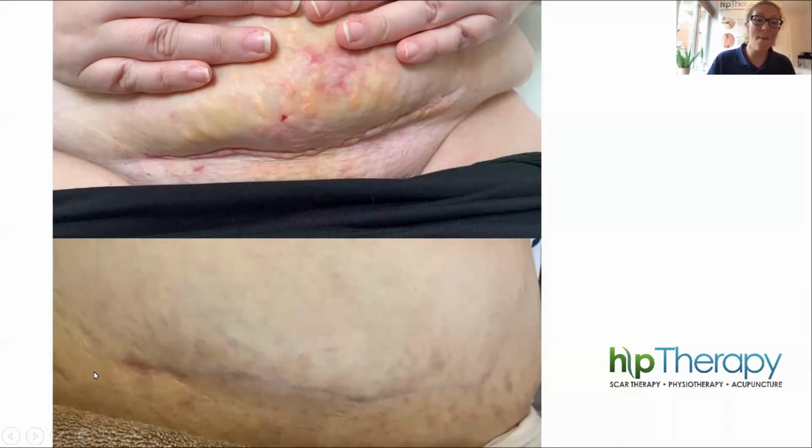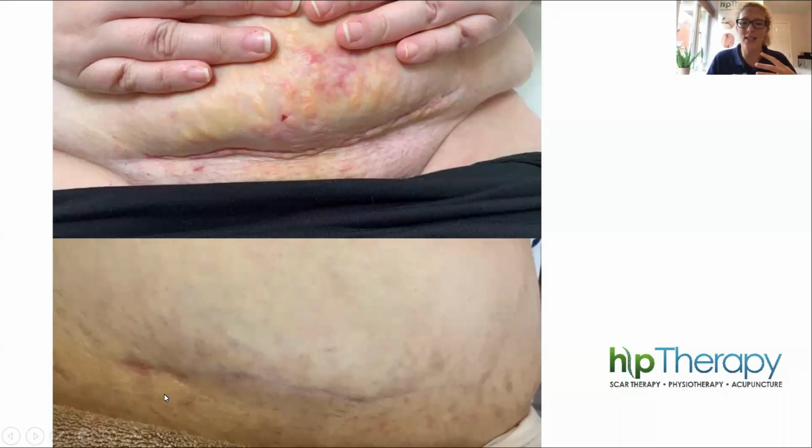We're looking at a massive, dramatic improvement in that scar. We're looking at the tissues being hydrated. We've gone from a hypertrophic scar now to that linear scar, which has started to almost become absorbed into the body. Can you see now it's not so tightly pulled up on that right hand side?